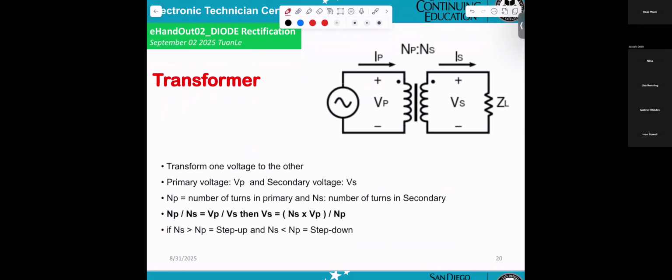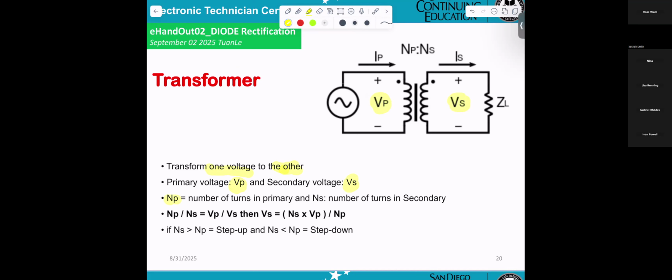Transformer. This is a transformer. It transforms one voltage to the other. Primary voltage VP, and the secondary voltage we call VS. That's the primary, that's the secondary.